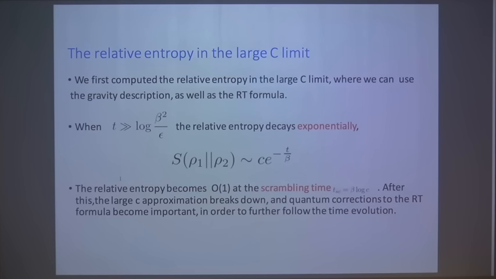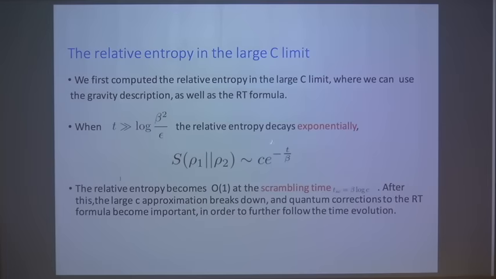The relative entropy is proportional to the central charge, and there's an exponential damping factor in t. So at the initial time, the relative entropy is proportional to the central charge, so we can distinguish these two states a lot. However, at the scrambling time, given by the log of the central charge, this relative entropy becomes an order 1 quantity.